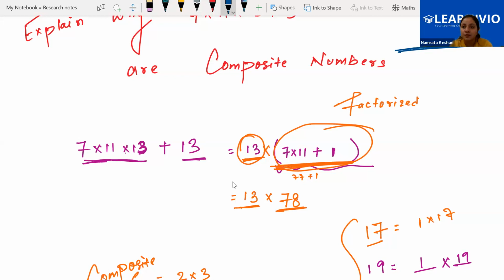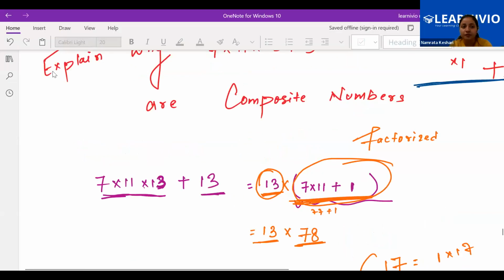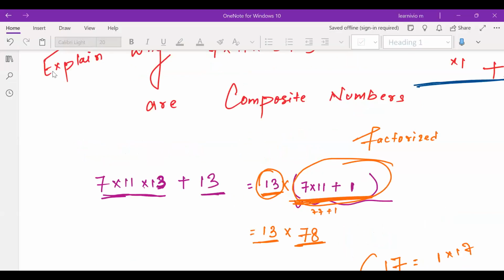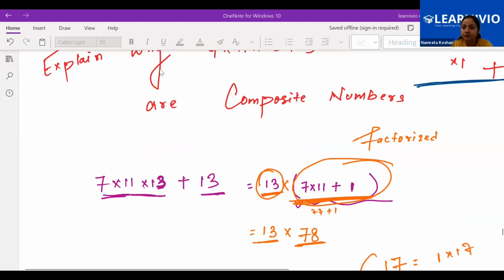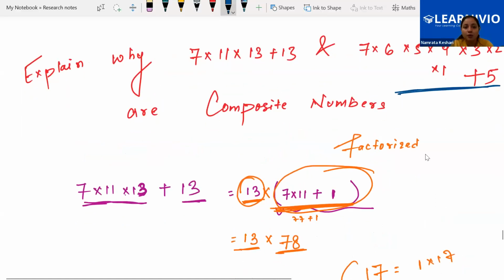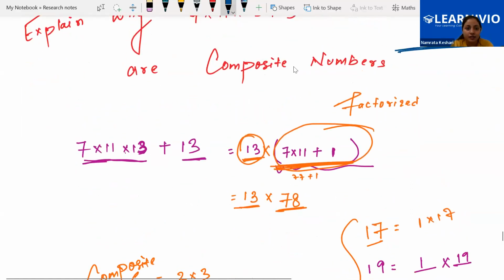If it is possible, then we can say yes, it will be a composite number. How are we going to write it? We can write it like this. Let me write the explanation.